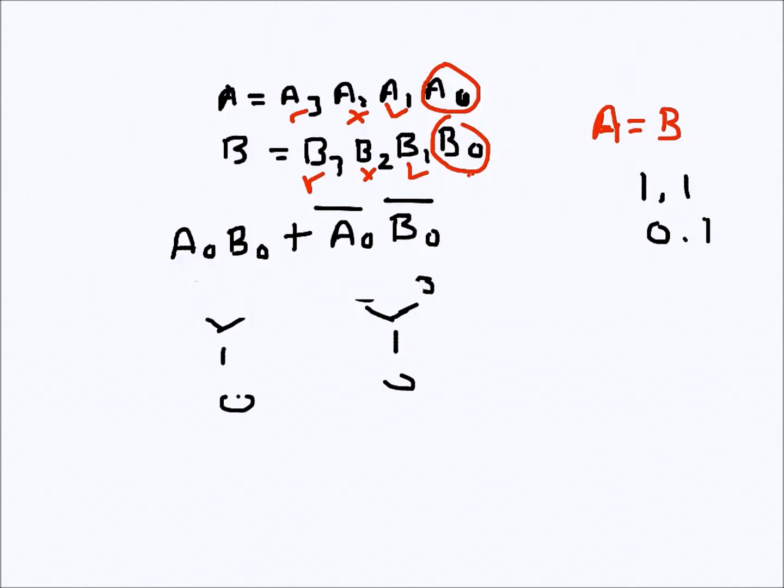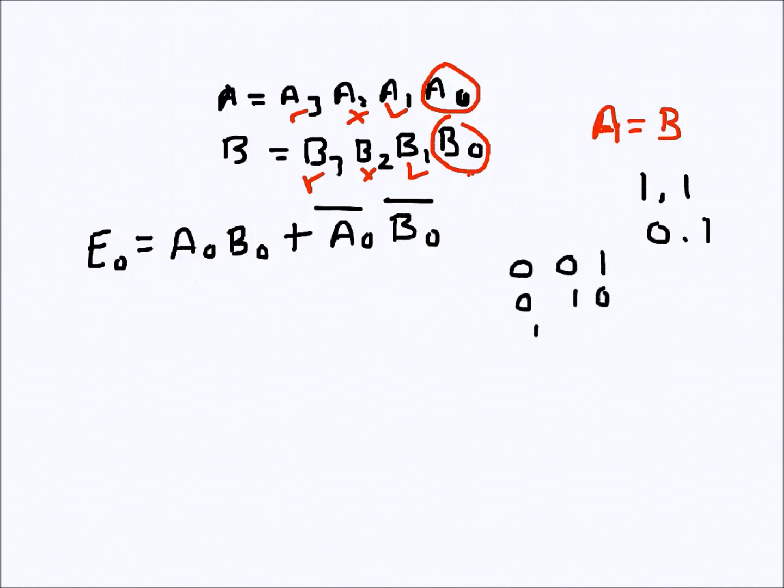Now, this is for the equality of bit 0. So we can say that A0 is equal to B0, so the least significant bits are equal. If I write the truth table, it is like that: 0 0 gives 1, 0 1 is a 0, 1 0 is a 0, 1 1 is again a 1.